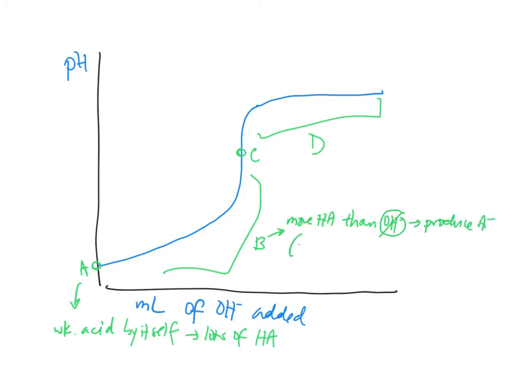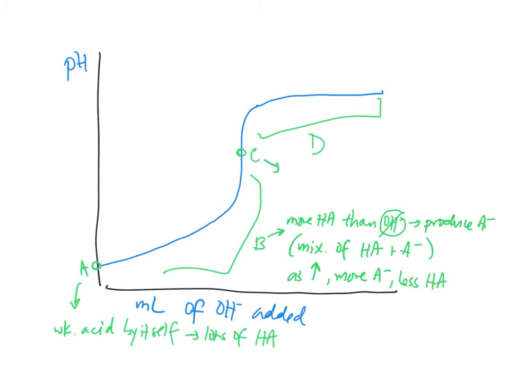So at all points in B, there's a mixture of HA and A-. And that ratio of HA to A- increasingly favors A- as you go up the curve. So as you go up the curve, there is more A- and less HA. And because A- is the base and HA is the acid, as you get more A- and less HA, the pH gets more and more basic.